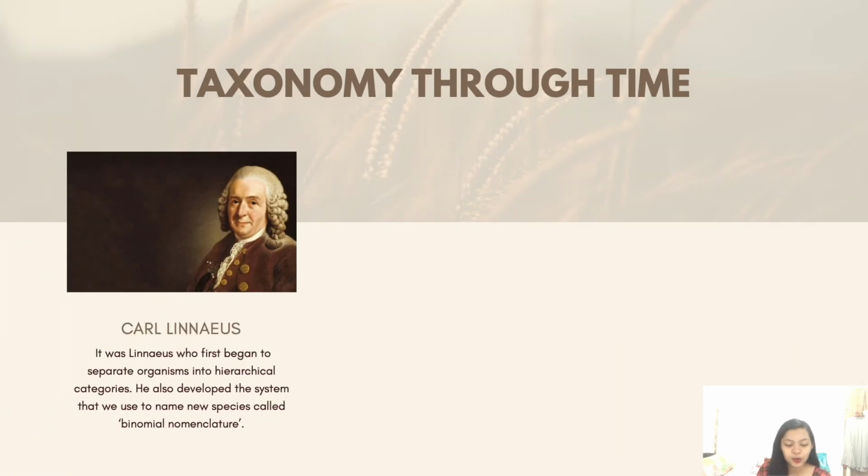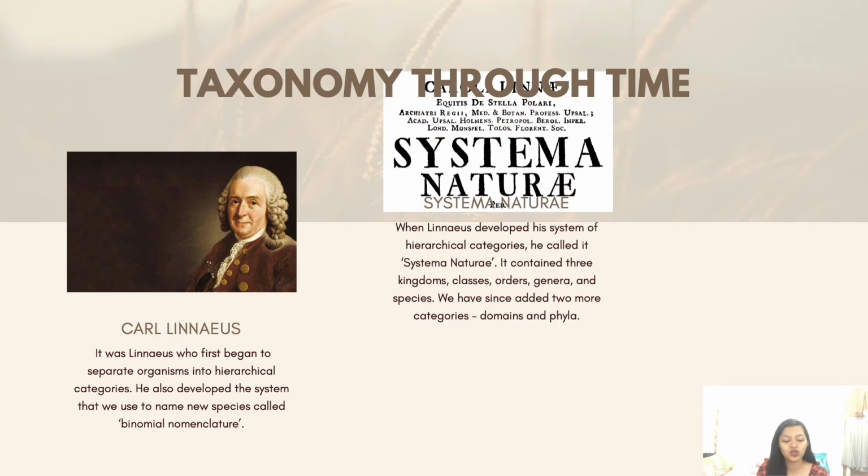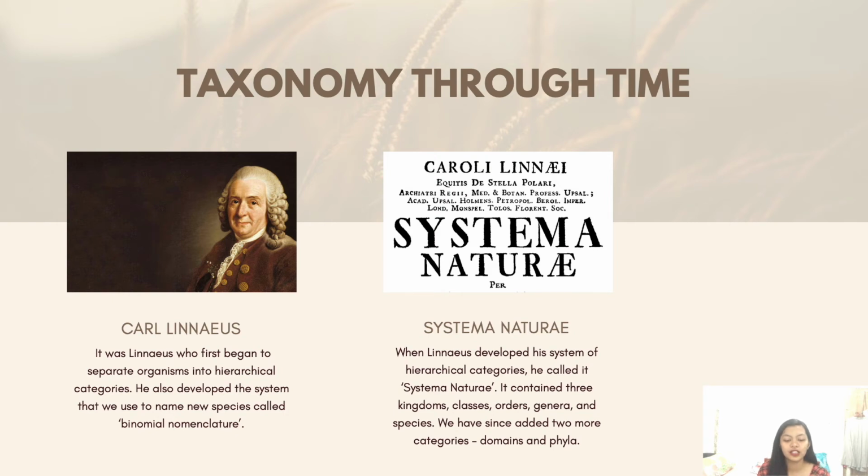And then next we have Carl Linnaeus, who invented the binomial nomenclature. He began to separate organisms into hierarchical categories. He was the one to start it. He also proposed the Systema Naturae, which he developed, also the one he called the hierarchical categories.